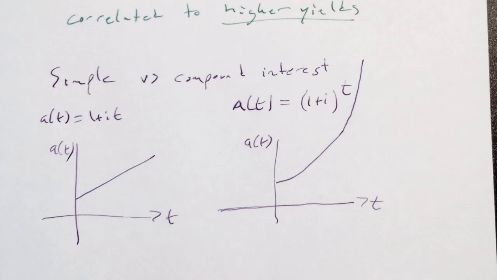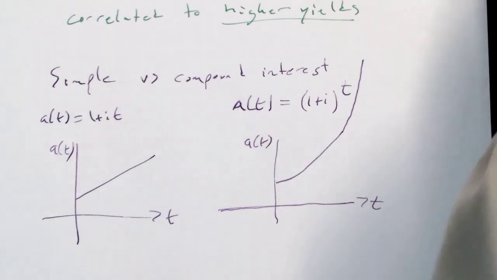But if you take the graph of an exponential equation and look at the beginning of it, close to where t equals 0, especially for small values of i, 10% and lower, this graph really does look like a straight line.